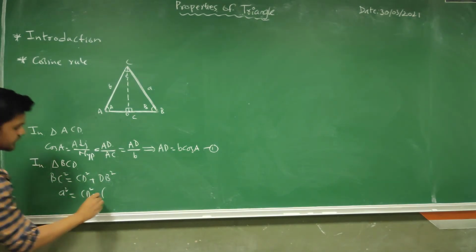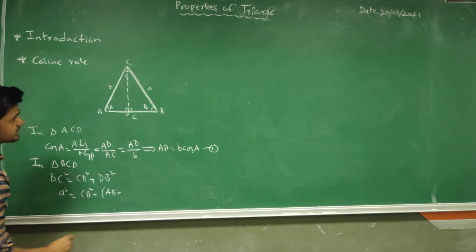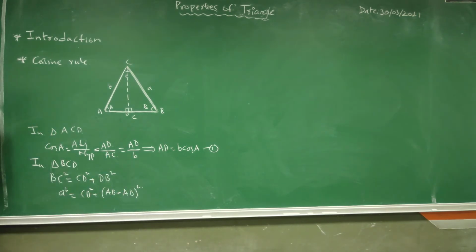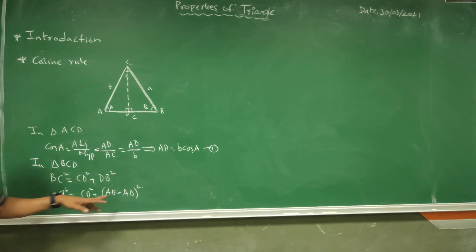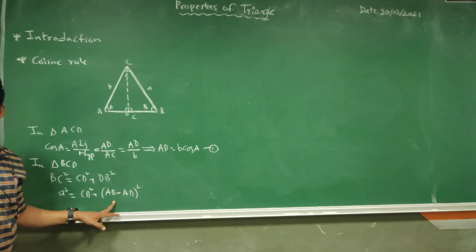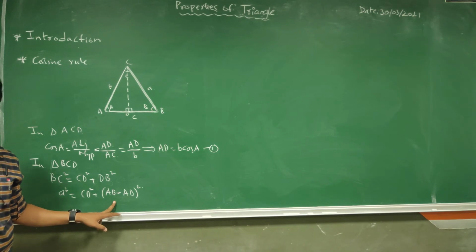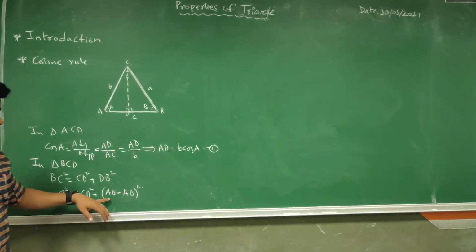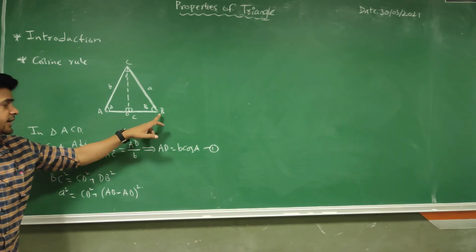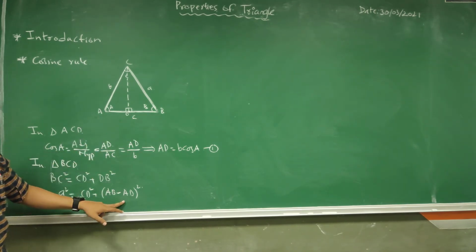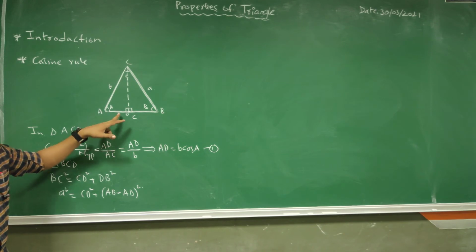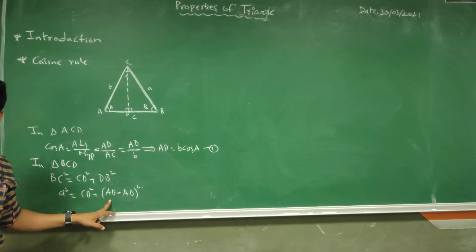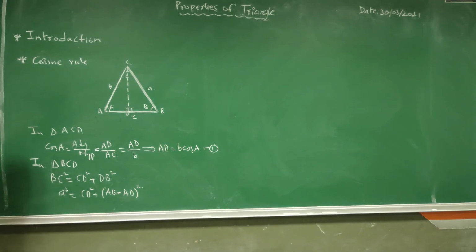DB is nothing but AB minus AD. Okay, why am I doing it like this? If I do it like this, I can generalize the equation very easily. Why? Because we know AB, AB is nothing but c, and AD we don't know. So we are just making an easy form. Okay, so just open this bracket.